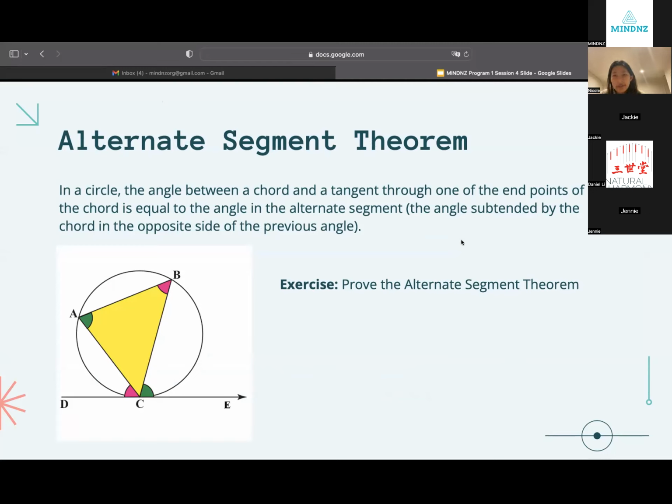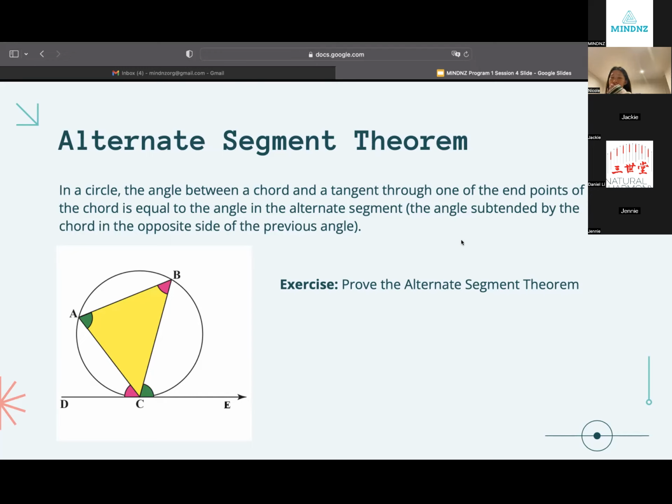The sentence is a bit wordy, so I think it might be easier to understand if you just look at the diagram. Just note here that the angles that are colored using the same color are equal. So in a circle, the angle between a chord and a tangent through one of the endpoints of the chord is equal to the angle in the alternate segment, which is the angle subtended by the chord on the opposite side of the previous angle.